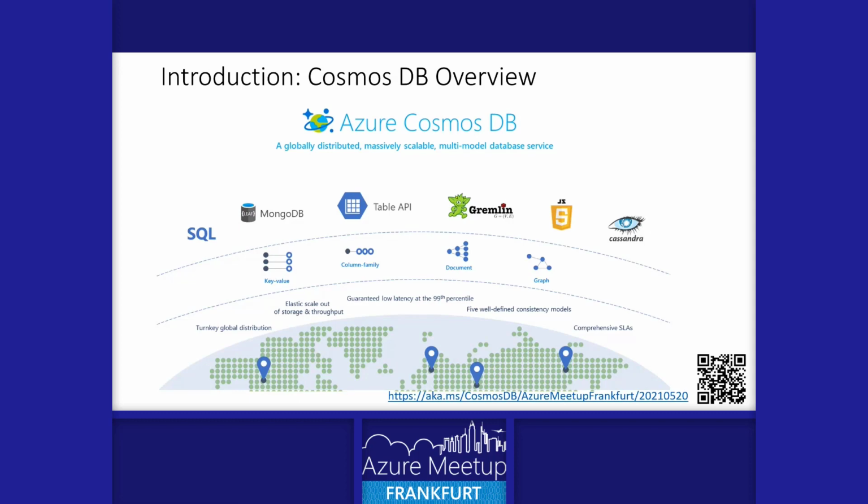But we added abstractions to enable via protocol some other APIs, like Azure Table API, where your data is actually stored in Cosmos, but you can point an application that used Azure Table Service before to the same endpoint in Cosmos and use the data as if it was Table API. And the same is true for Cassandra, Mongo, and Gremlin. And I'll go a little bit into the different APIs.